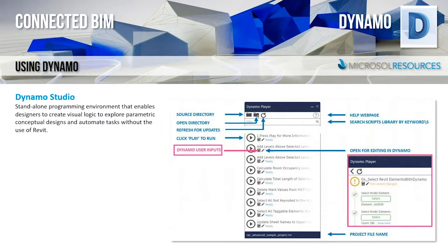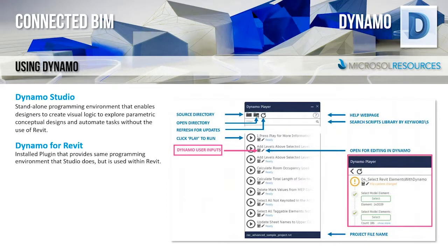So there are really three ways to use Dynamo. The first being Dynamo Studio. This is standalone software that's included in the AEC collection. It's an application that you have access to, like I said, through the AEC collection. There's also the Dynamo for Revit add-in.